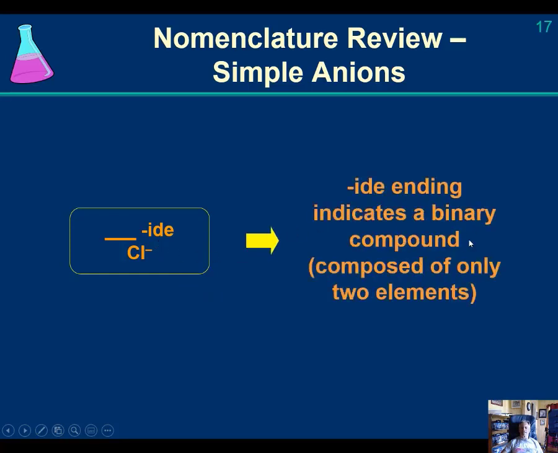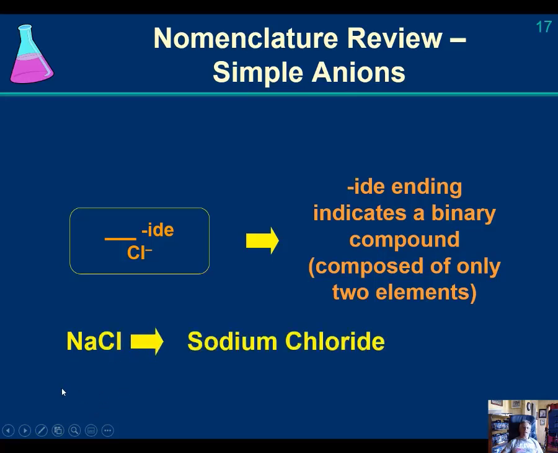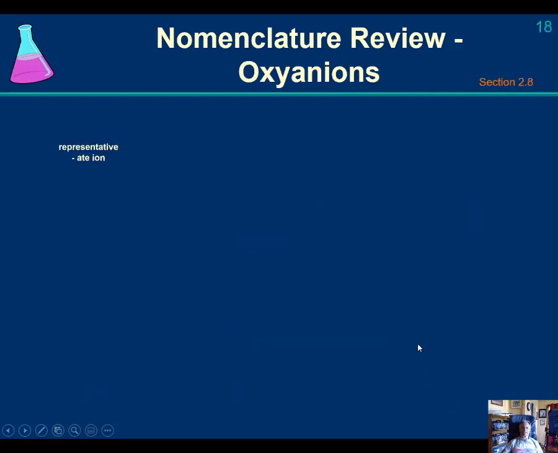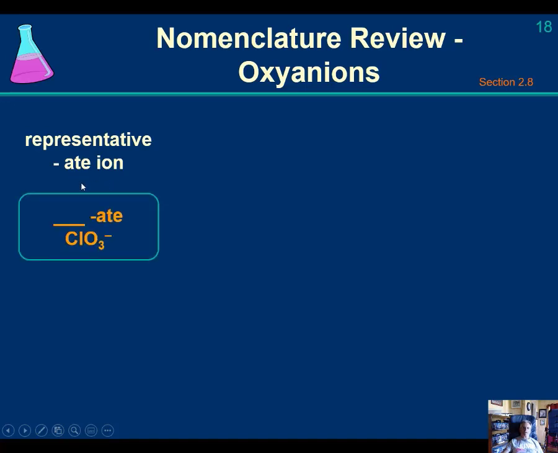So the IDE just indicates a binary compound composed of only two elements. We had sodium chloride, and then we had potassium fluoride. Those are two binary compounds that end in IDE. For oxyanions, those containing oxygen, we started out with the ATE.